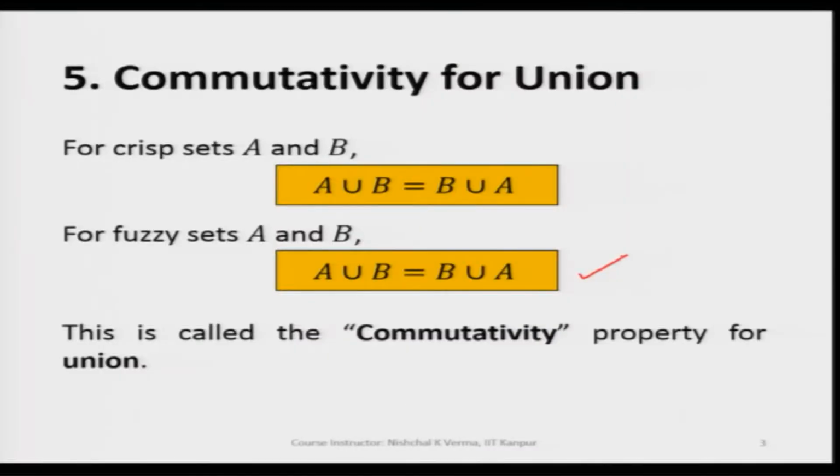So, if we take 2 fuzzy sets A and B, let us see whether we get A union B is equal to B union A or not. Of course, it is written, so we will be getting these 2 equal. So, let us see what is happening and how we are getting this commutativity property for union satisfied.